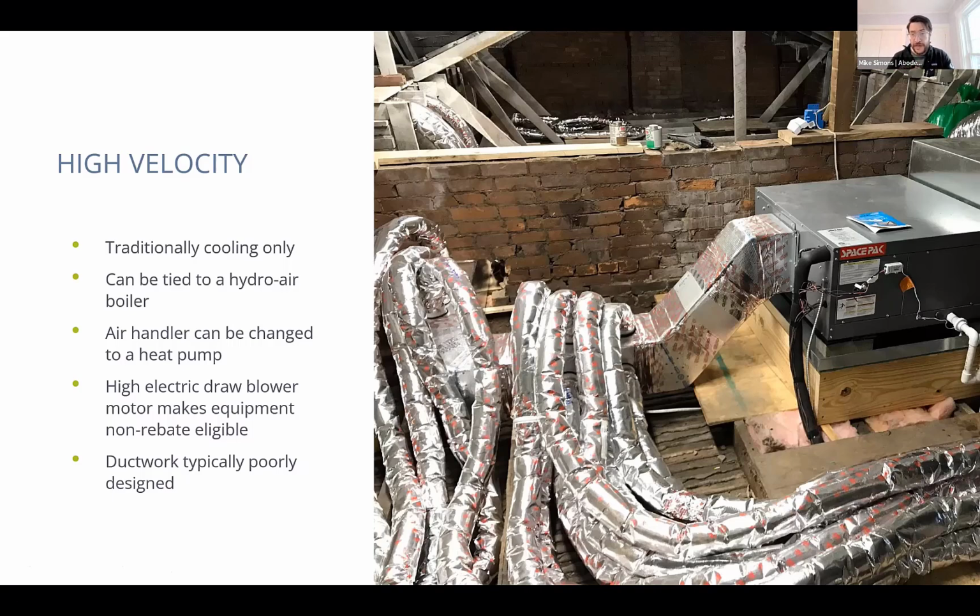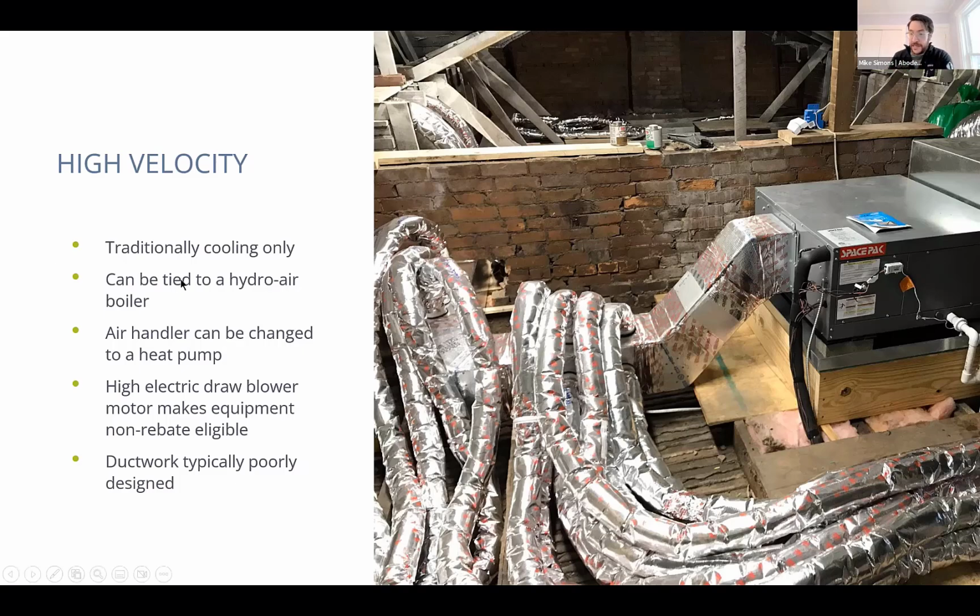Another thing that's true with high velocity equipment is that the ductwork, which is these flexible tubes, often doesn't appear to be well designed. It's snaking around, it's pinched, it's crimped. That's been my experience as an auditor, as well as consulting with people who have existing forced high velocity systems that have been their primary cooling or heating system.